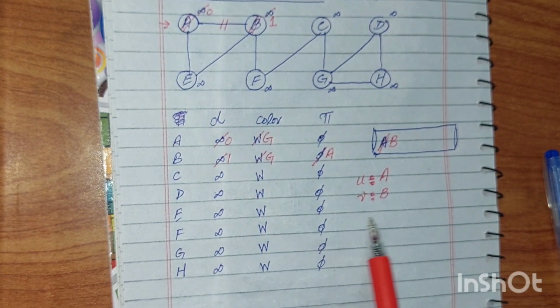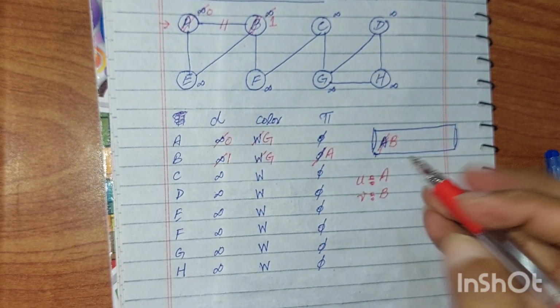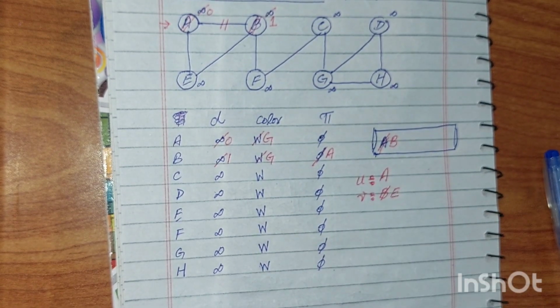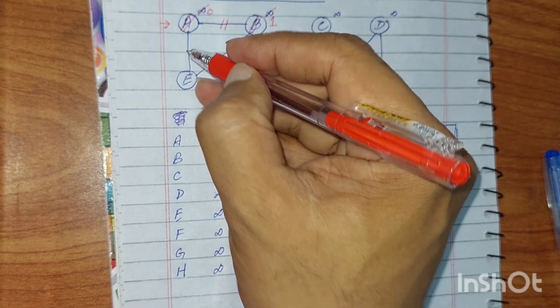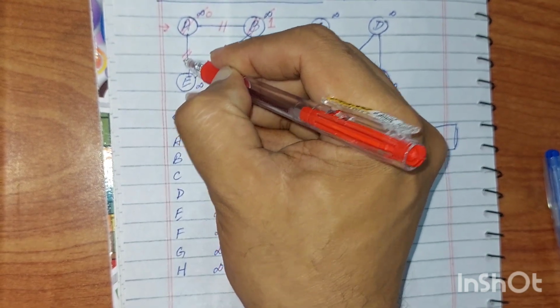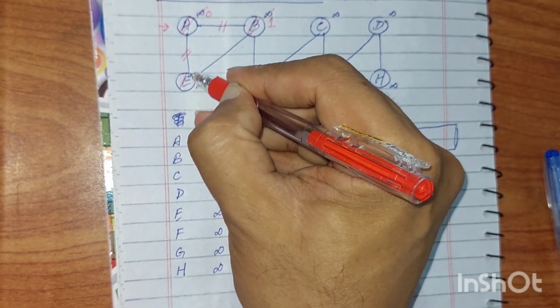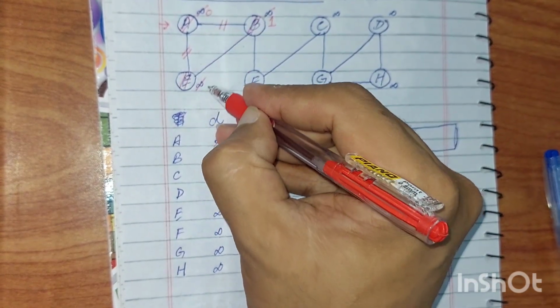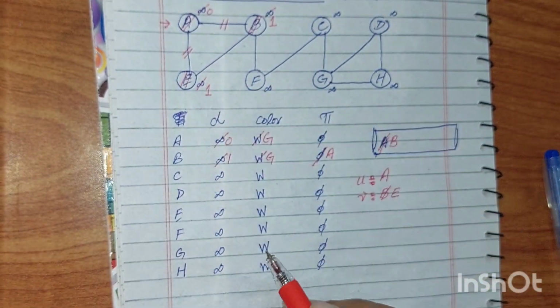Now we go for the next neighbor. The next neighbor is E, so we pick E here. Then we do the same things. We mark the parent, change its color, and change the distance, that is 0 plus 1 is 1.